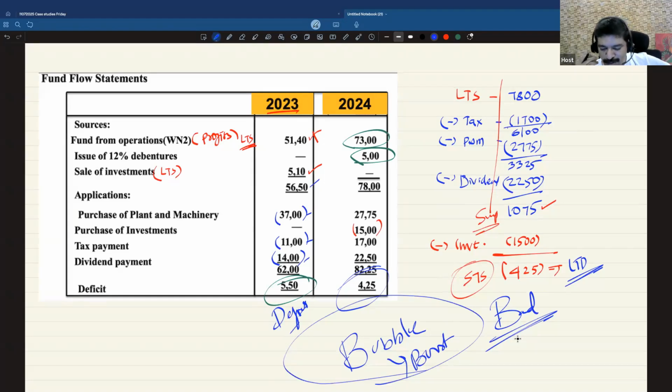It communicates a lot of stories, because with the balance sheet, P&L and all, you have to use the information, corroborate, relate, only then can you make anything out of it. But this is one statement which will communicate a lot of things: their decision-making strategies, their strategic financial management, whether they are making financial mismanagement, whether they are diverting, whether they are smart in their investment decisions. Everything will come into light when you read this fund flow statement.